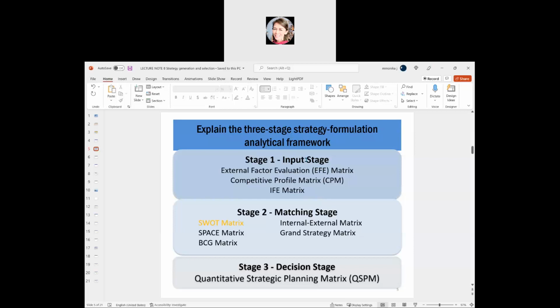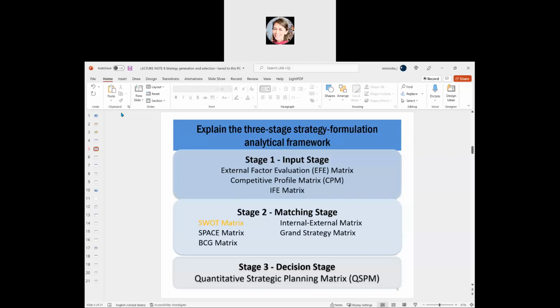In stage two, which is the matching stage, this focuses on generating feasible alternative strategies by aligning the information that you've gotten from the input stage, aligning key external and internal factors. In other words, these are also called critical success factors.